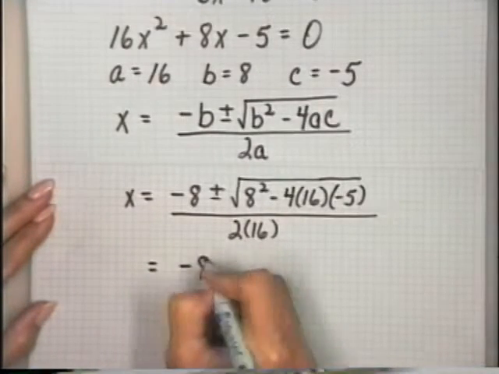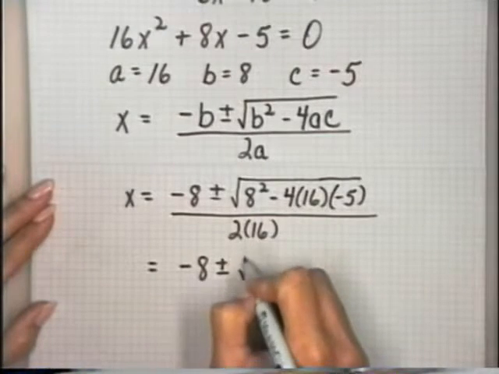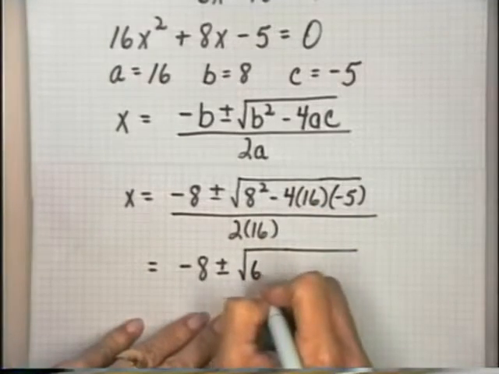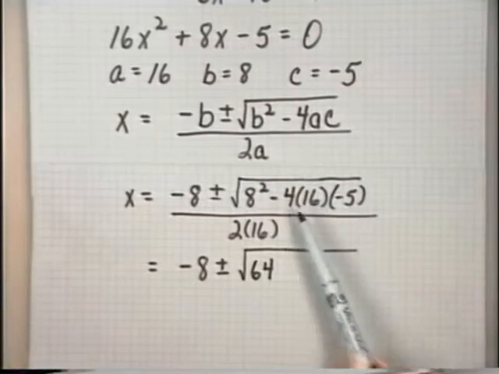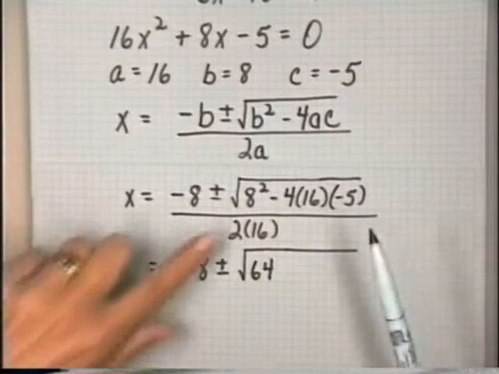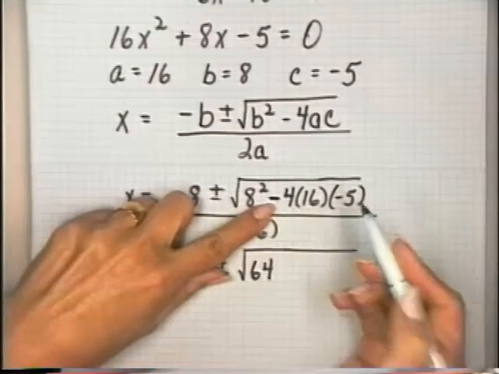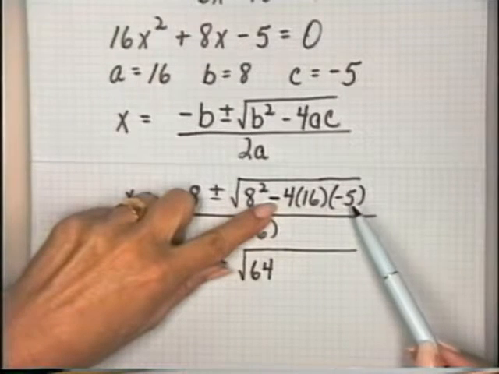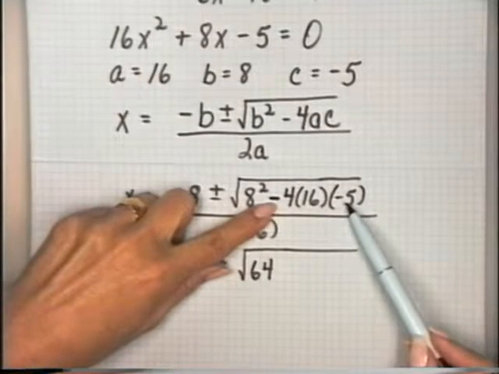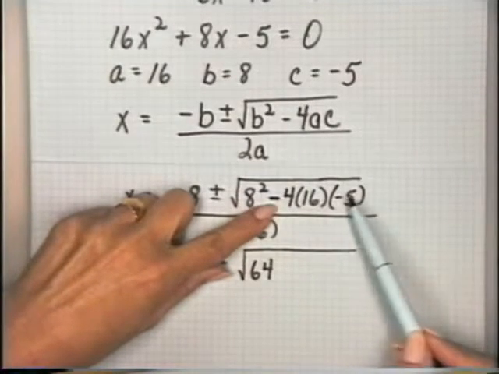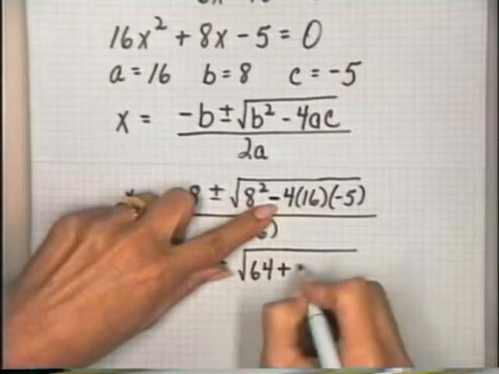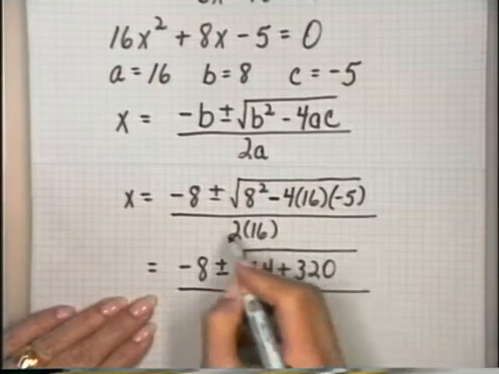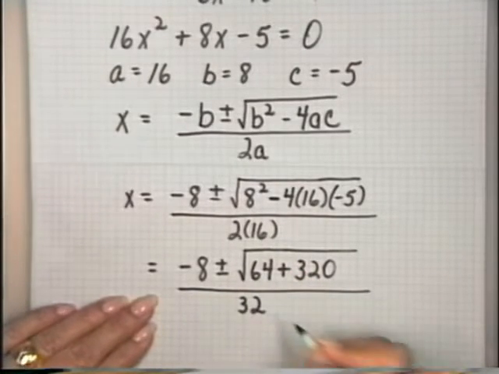So we have negative 8 plus or minus. Now remember, when we simplify what's under the radical, we first square the 8, and then we want to figure out what 4 times 16 times a negative 5 is. Let's hold this minus right now. 4 times 16 is 64. 64 times a negative 5 would give us a negative 320. We'll subtract a negative 320 would give us a positive 320, wouldn't it? All over 2 times 16 is 32.